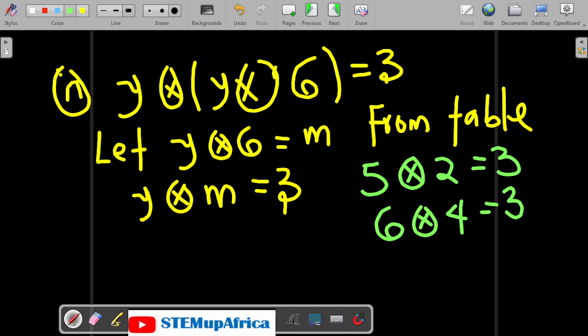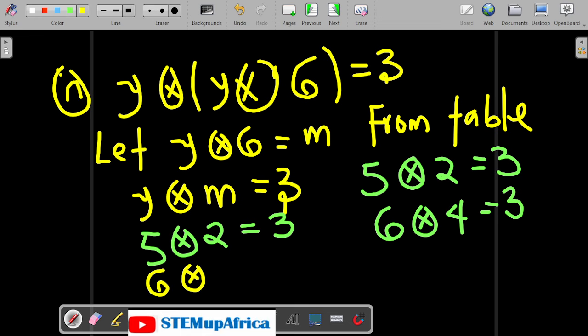So here, I'm taking this one as 5 multiplying 2, the result is 3. Or I'm taking it as 6 multiplying by 4, the result is 3. So in this case, my y could be either 5 or 6, or y could be either 2 or 4.